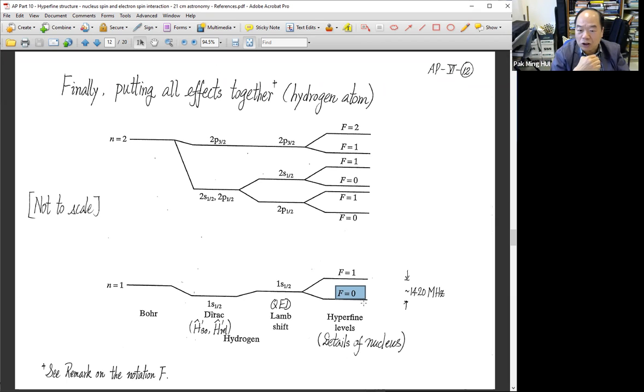But in the literature, usually the total angular momentum of the electron and spin carries the symbol F. So here, F is 0 means our S is 0, okay? I don't want to introduce too many new symbols to confuse you about the physics. No new physics, adding angular momentum, that's it, okay? And this particular ground state splitting is the 21 centimeter line.